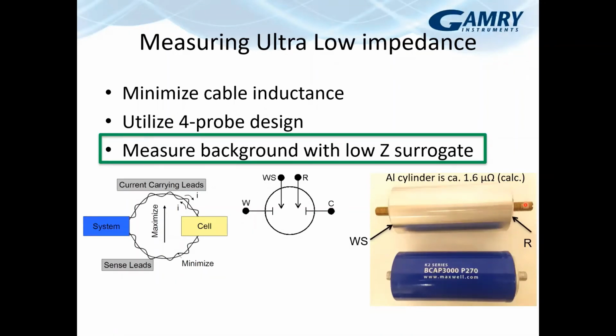Whereas the current carrying lead is going into the brass, and I don't care about the contact resistance for the current carrying leads. The approximate calculated impedance of this aluminum block is about 1.6 microohms.